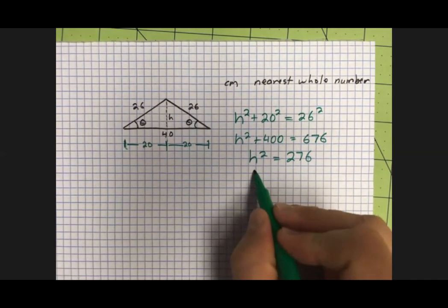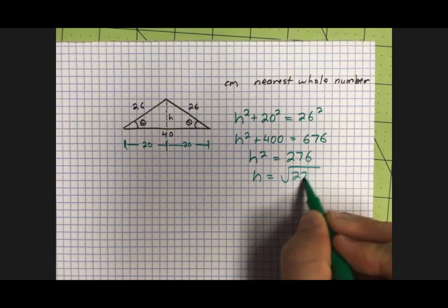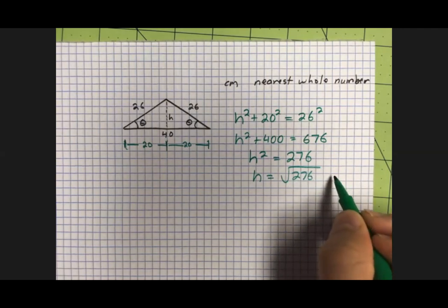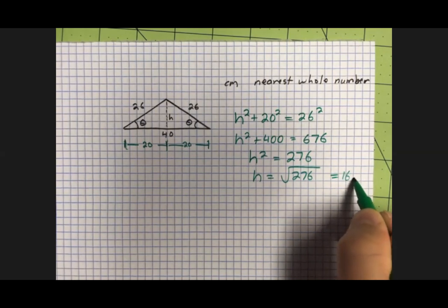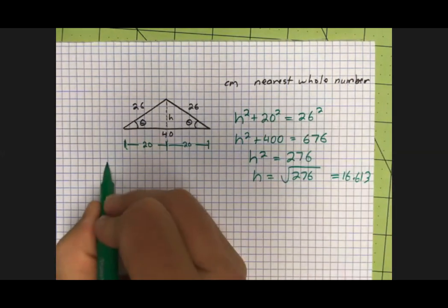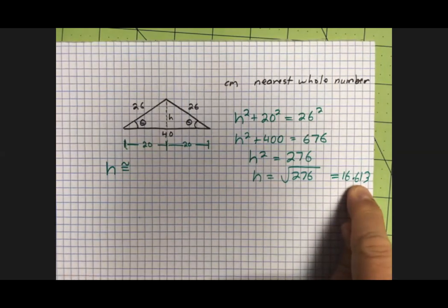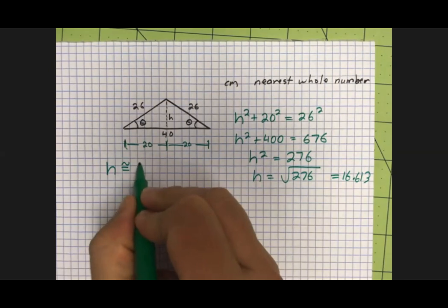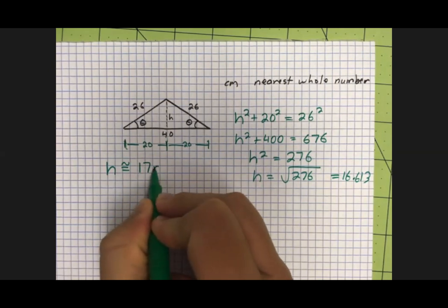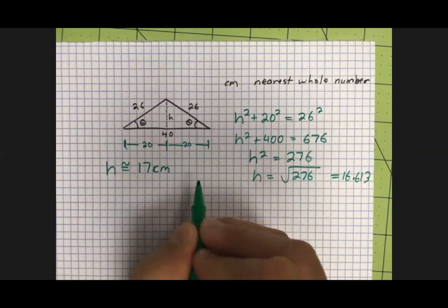So h is the square root of 276, which I could simplify a little bit, but calculated it's 16.613 to the nearest whole number. H is approximately 17 centimeters. Now that's not super accurate, but that's what they wanted, to the nearest whole centimeter.